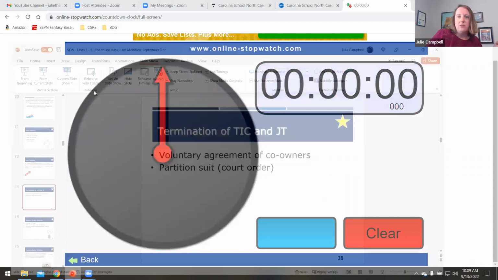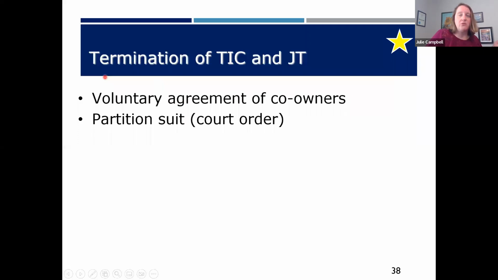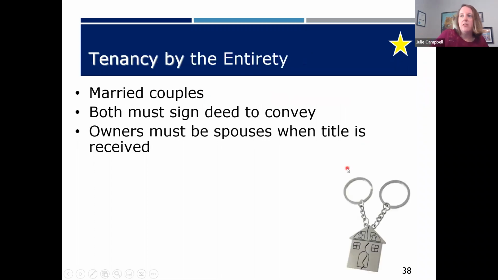Okay. So we've talked about tenancy in common. We've talked about joint tenancy, for unmarried people when they take title. Tenancy by the entirety is set aside for people that are married when they take title. Guys, this is so important. Please listen to me for a second before you start writing.